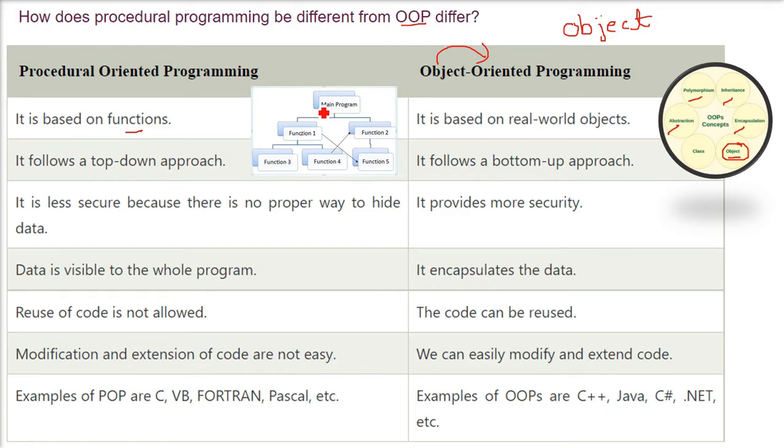That means you start with the main program, then the functions will be called, and then more functions will be called. Object-oriented programming follows the bottom-up approach. First, we make the classes, we bind these data variables or data items with the functions, and then we combine or collaborate the classes. And that is how it forms a bottom-up approach.